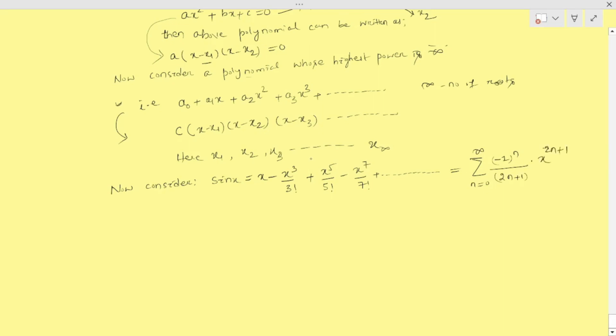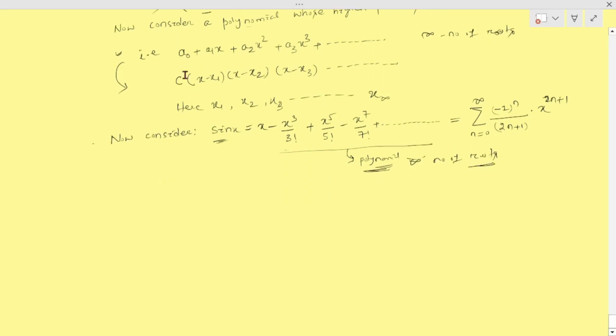So here you can see, for this polynomial the highest power is infinite, so n moves from 0 to infinity. So x to the power 2n plus 1 means x to the power infinite. So this sin x series expansion is itself a polynomial, yes or no? It is itself a polynomial, and this polynomial has highest power infinite, or we can say this polynomial has an infinite number of roots.